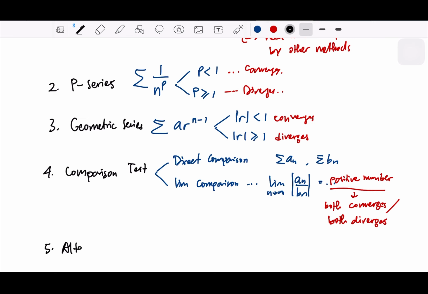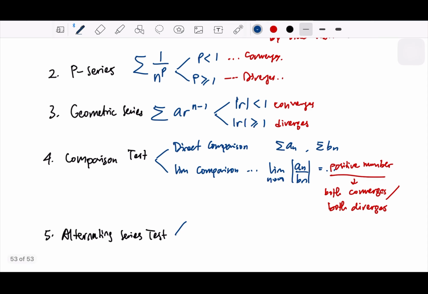And probably you can also think about the alternating series. Sometimes an alternating series is also obvious because it has the negative one, but not every negative one can be tested by the alternating series test. You need to make sure that the value is getting smaller and the limit is going to 0.